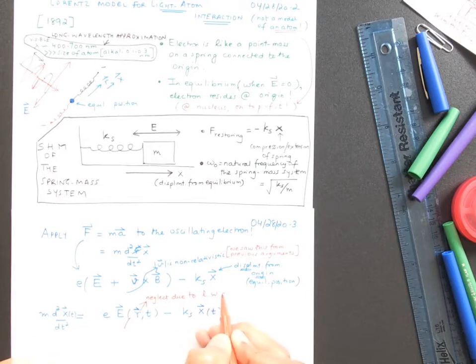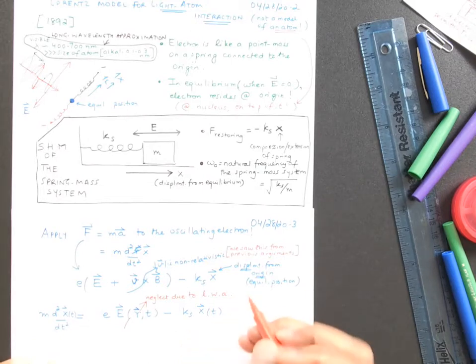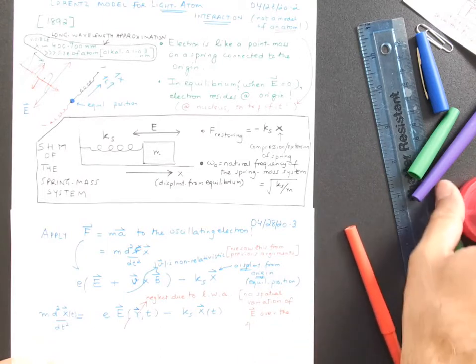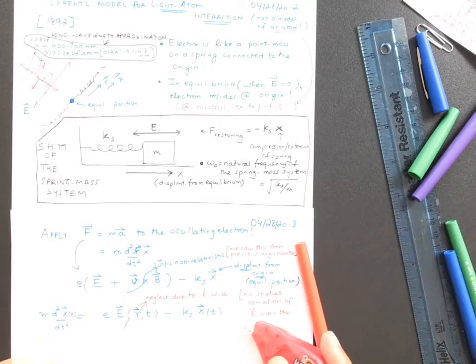Long wavelength approximation. It's saying no spatial variation of the electric field over the size of the atom, over the extent of the atom.